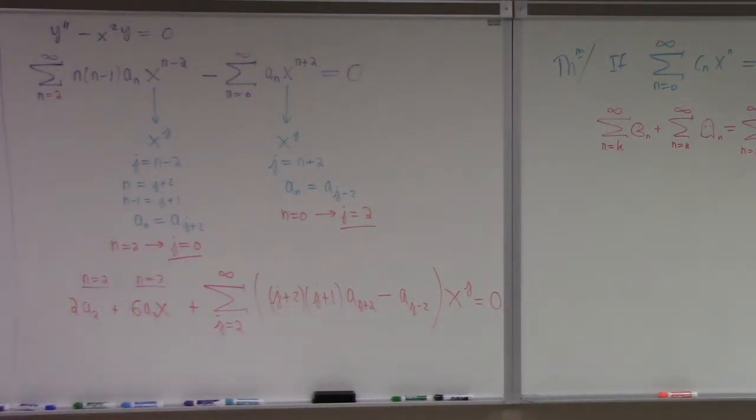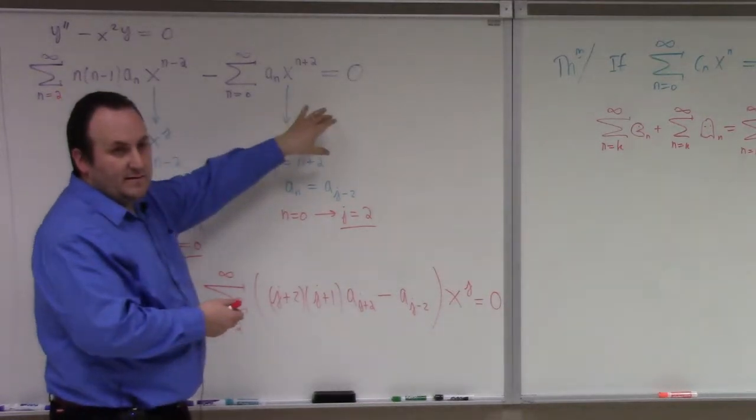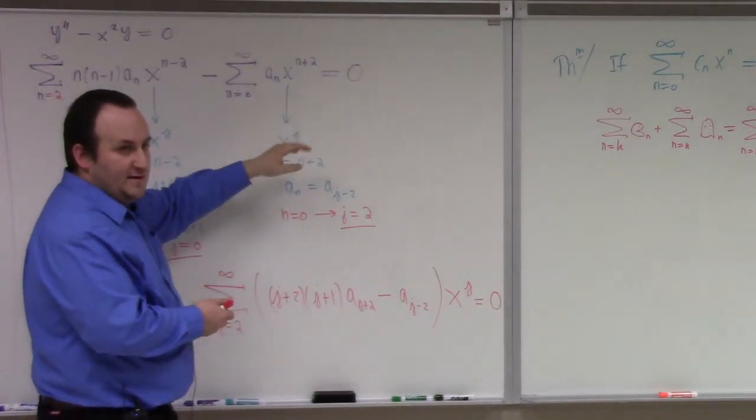Yeah. Because we said in one case j equals n minus 2, in the other one j equals n plus 2, those j's aren't equivalent. So how can we combine them later? Or am I missing something? I could put an in-between step, call this one k, and then I'd have sum over j, sum over k, and then I would change the k to a j, and then add them.